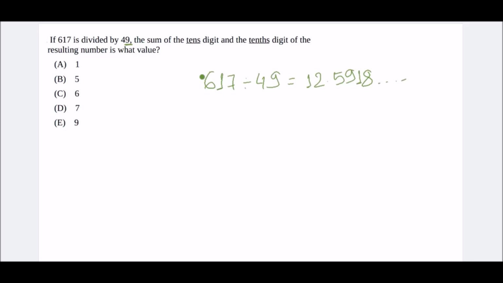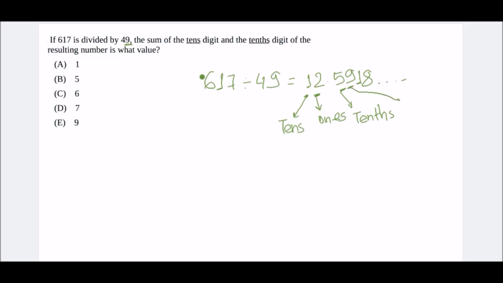So we have to find out the tens digit. Before the decimal, this position will be ones, then it will become tens. After the decimal, this will be tenth. We studied it at a primary level also. I hope everyone will remember.